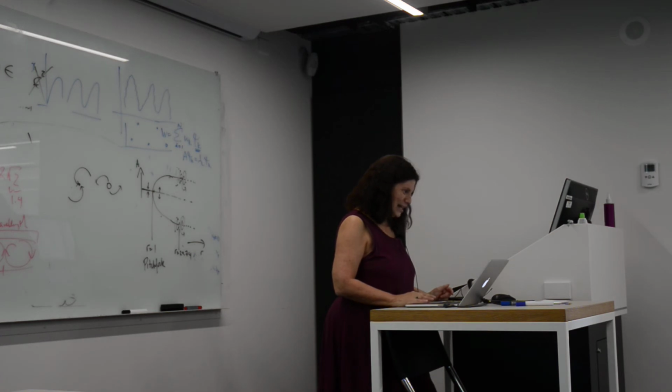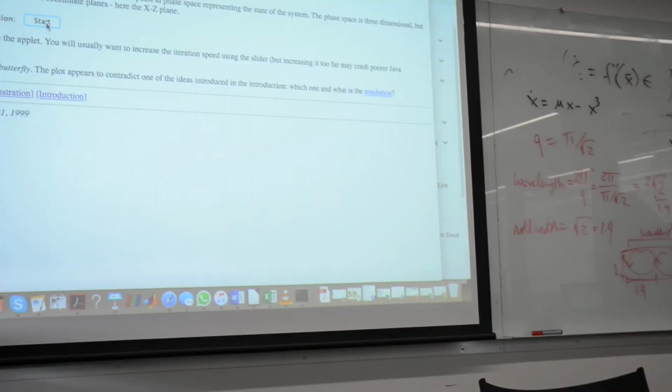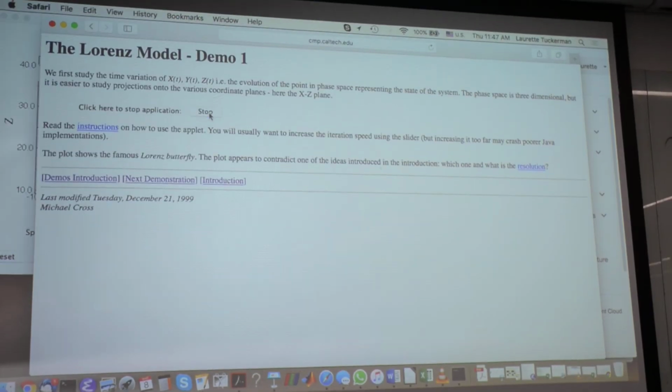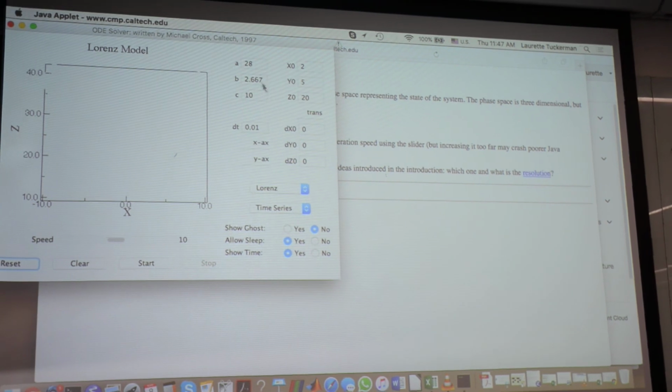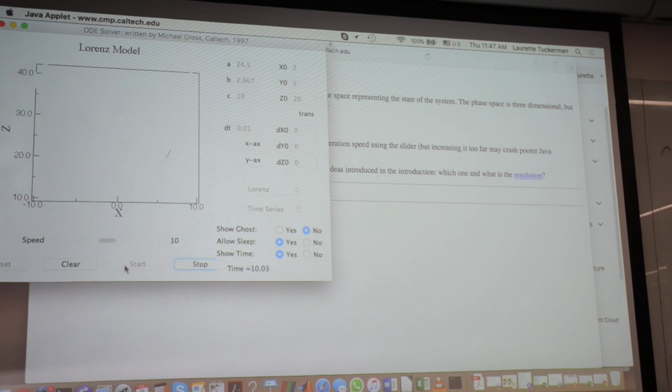Okay, so let's see if we can get this demonstration going again. We'd like to go to a value; 28 is a classic value at which it is chaotic. Let's go to something more like 24.5, and let's see what happens here.